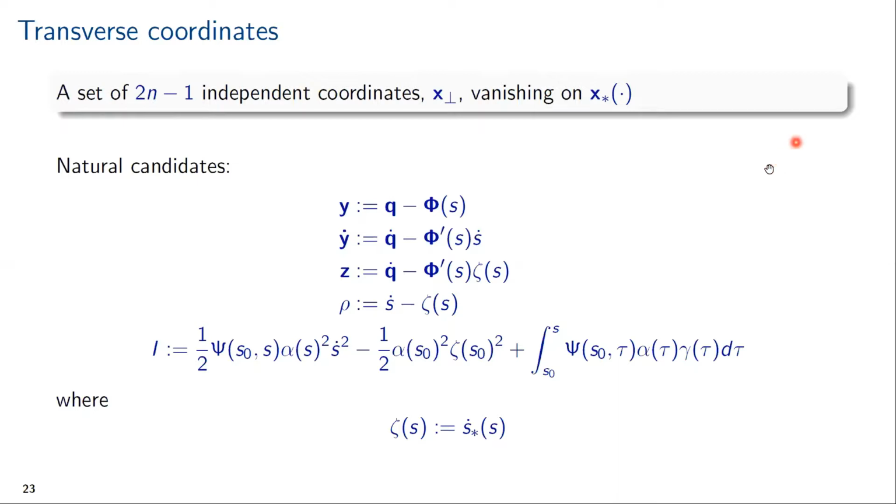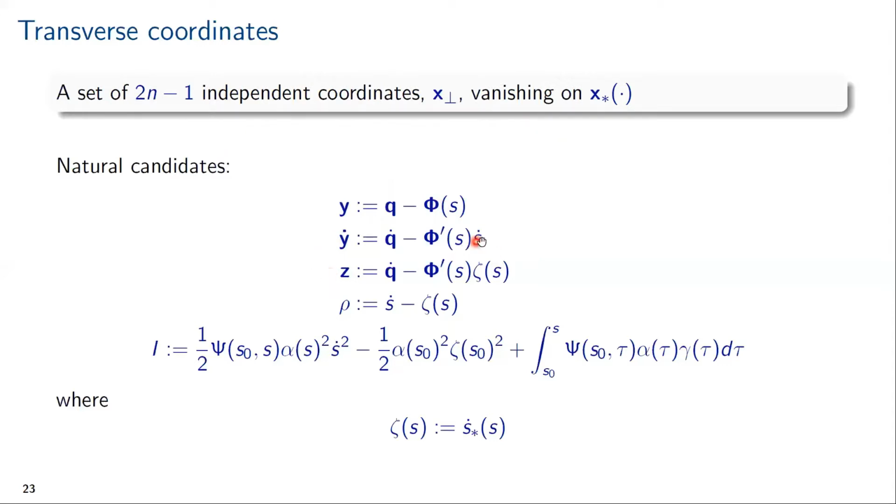So, knowing this parameterization of the orbit, so knowing this phi and the nominal velocity of the motion generator, we have a series of candidates to choose as transverse coordinates. The simplest one is just y, which is the given configuration minus what it should be given the synchronization functions. Its derivative we may also define.